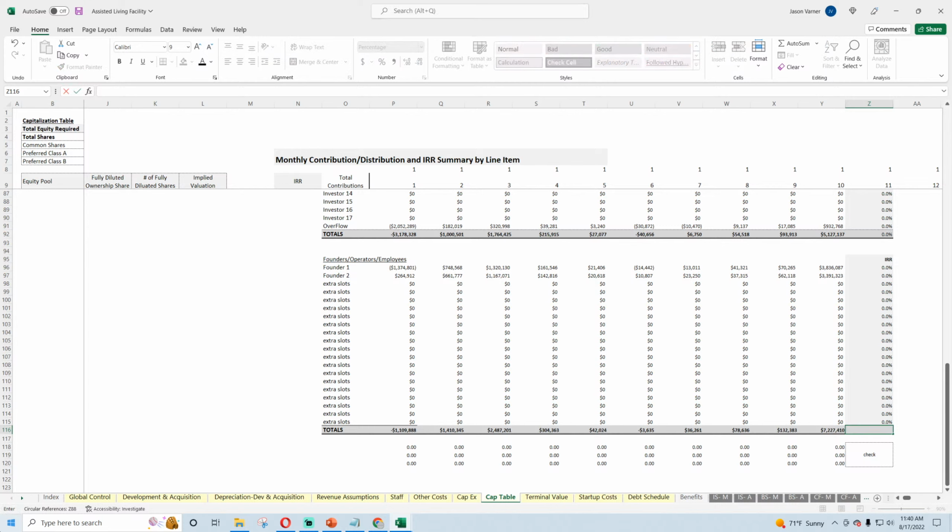Equals IRR. This. Okay, what was different about the other calc? P116 Z116 IRR.